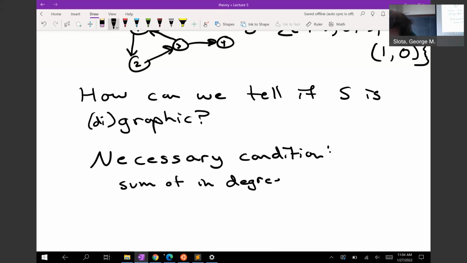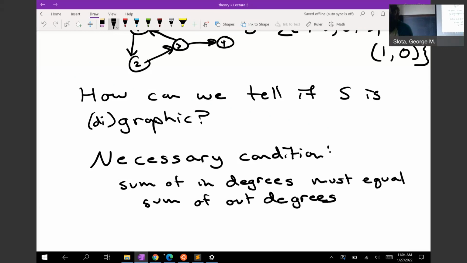If we sum up the in degrees, they must equal the sum of our out degrees. Classic necessary condition for graph realizability, given a degree sequence.